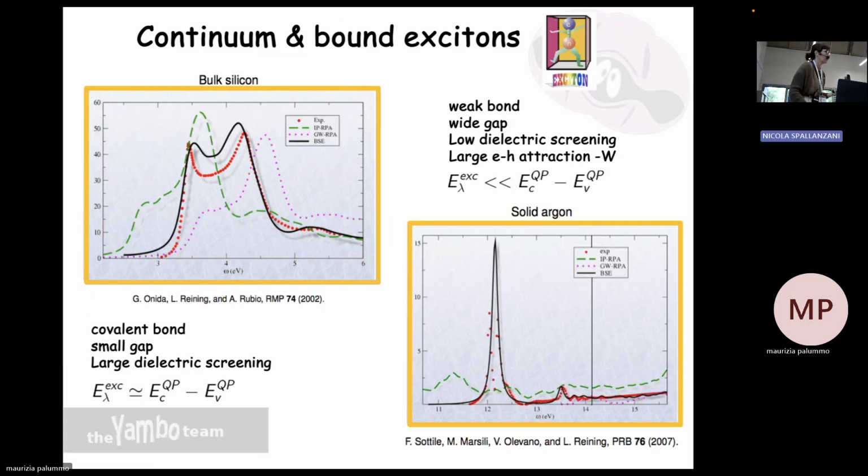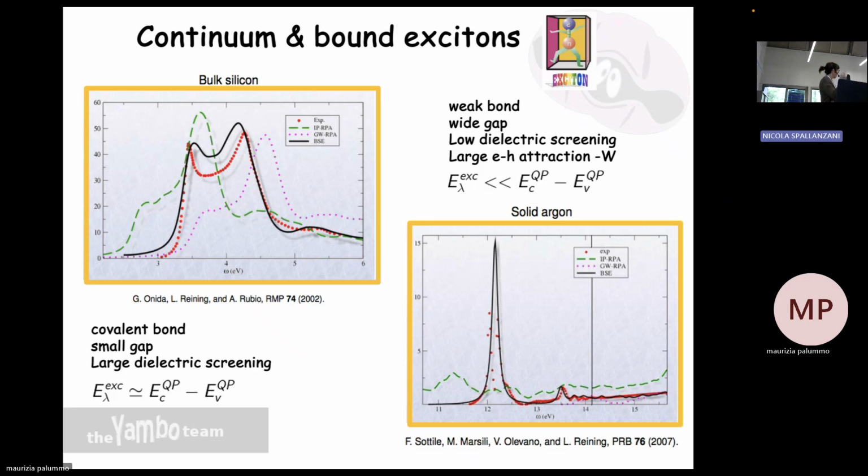Let me give some examples, which are very old, actually. This is the first spectrum calculated by Lucia Reining and Albrecht, I don't remember who, Rodolfo maybe, in this paper. Here you see when you include excitonic effects in silicon, even though there are no bound excitons in silicon, the intensity of the peaks completely changes.